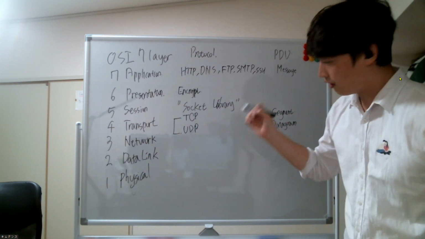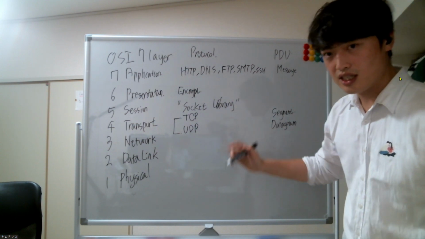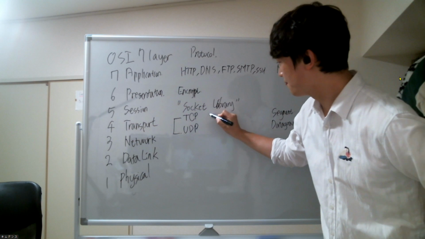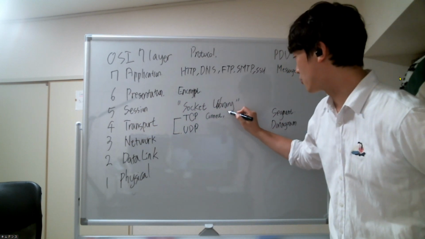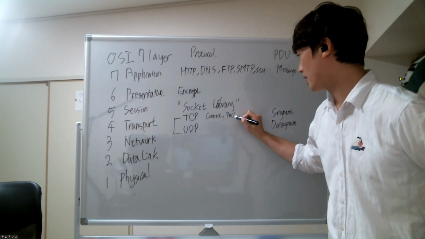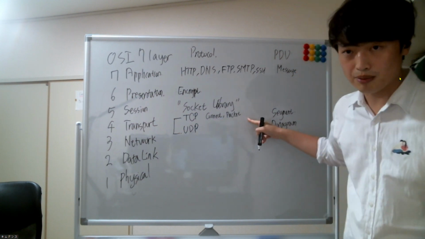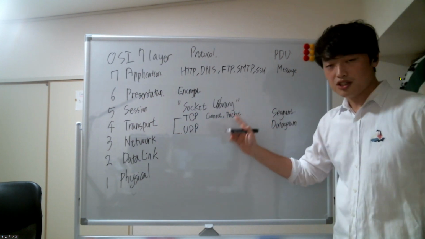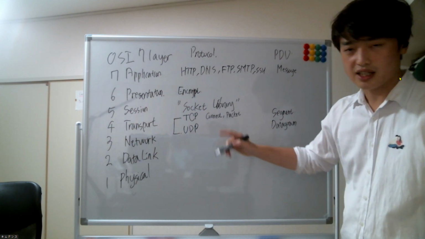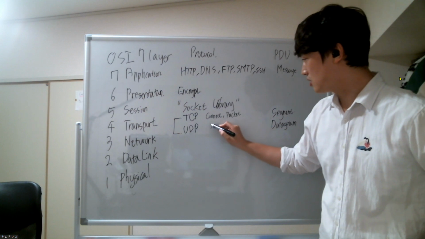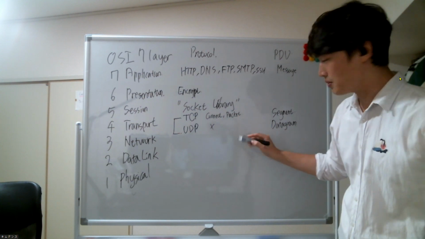The feature of TCP is that it guarantees a valid connection and also packet transmitting, so it's reliable. In contrast, UDP is like a white canvas. It does not guarantee valid connections and valid packet transmitting.